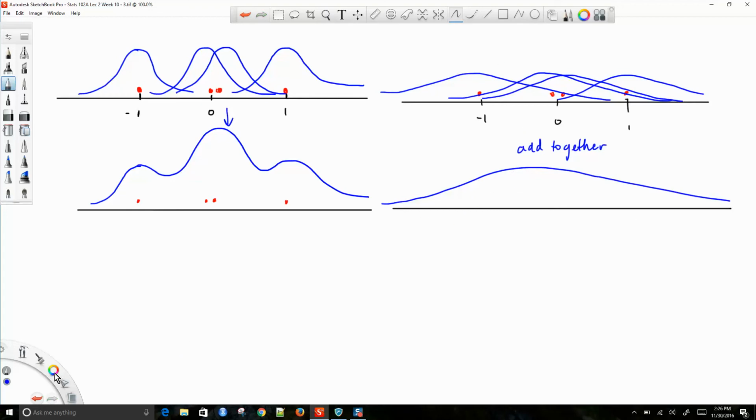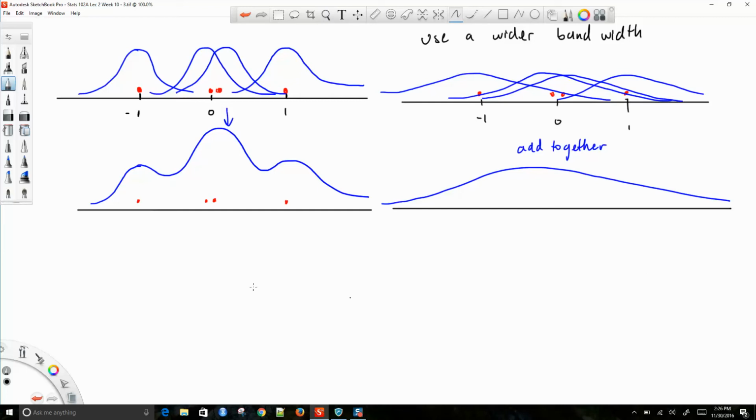Okay, so over here we use a wider bandwidth, and then we add those curves together, and we get a much smoother distribution here.